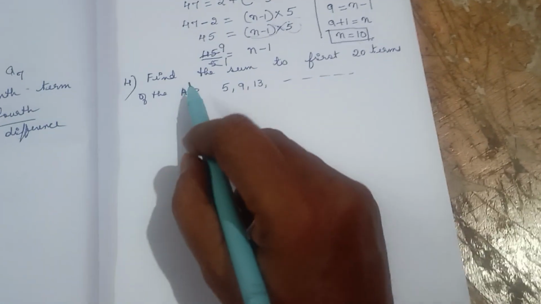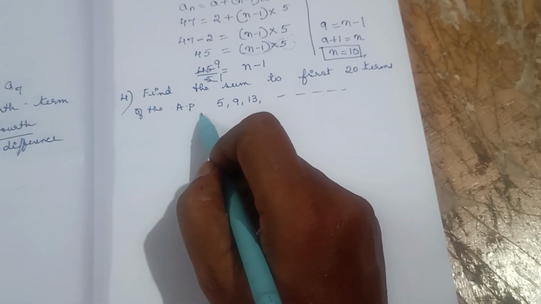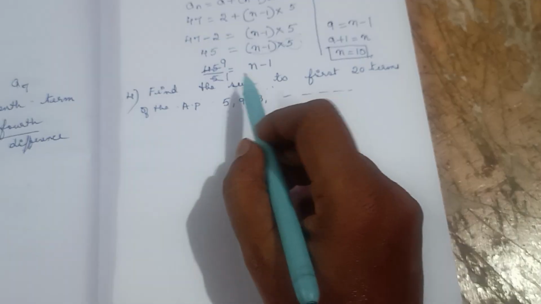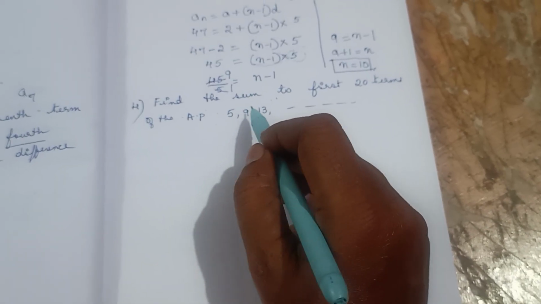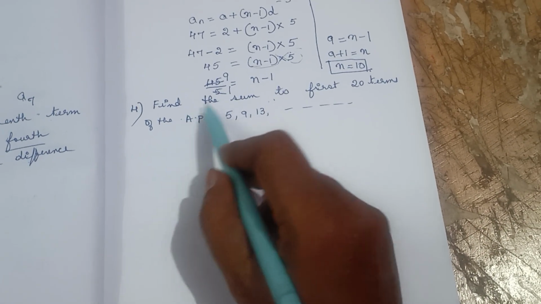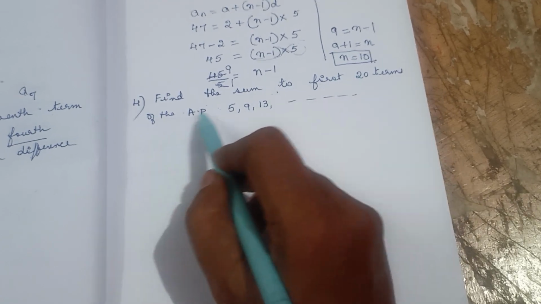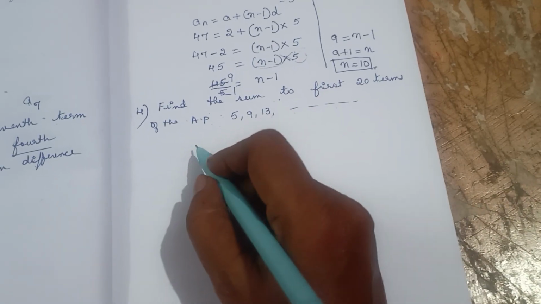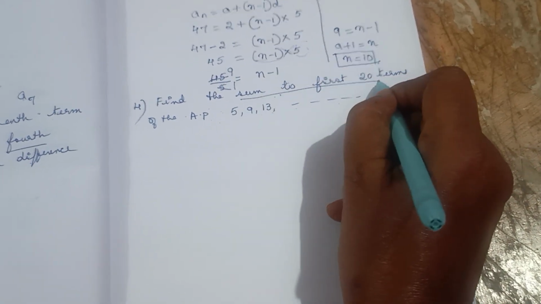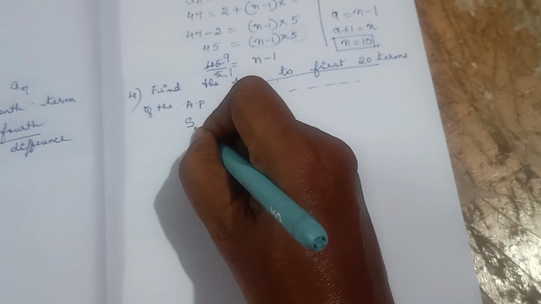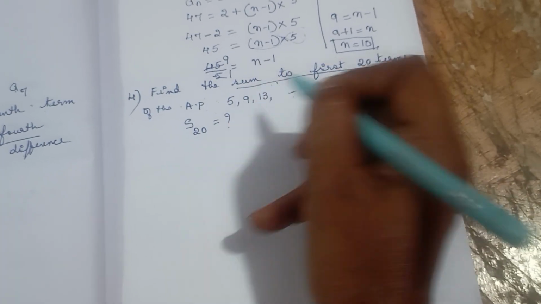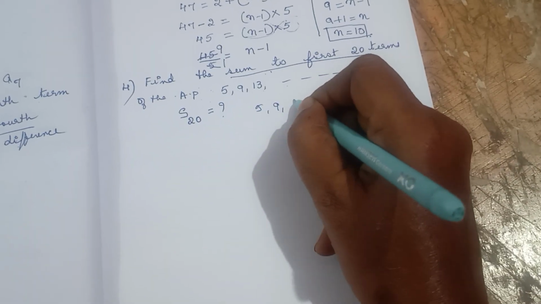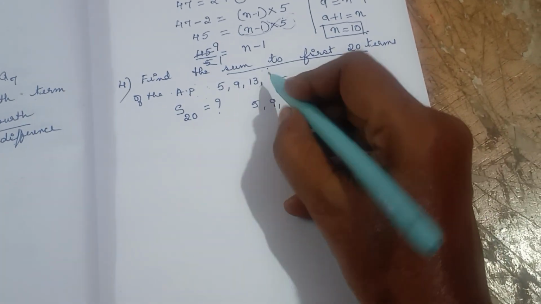So finally we can even expect this kind of a question. If you see the previous board papers, this kind of questions are there, and you may have an internal choice in the 2 marks question of AP. Find the sum of the first 20 terms of the AP 5, 9, 13, etc. So sum of the first 20 terms means S20, you are supposed to find out. Now what do we come to know from this AP 5, 9, 13 and so on?